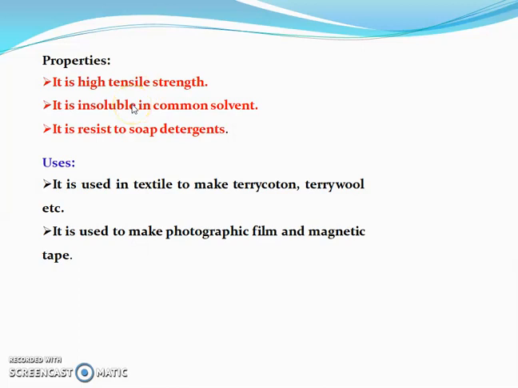It is insoluble in common solvents and is resistant to soaps, detergents, etc. It is mainly used in the textile industry by blending with cotton or wool to get various fabrics. These fabrics are called terry cotton, terry wool, etc.